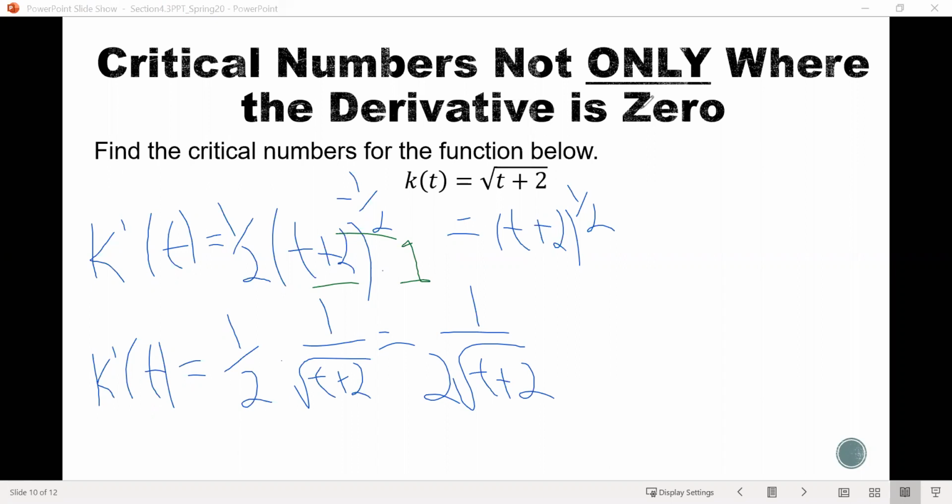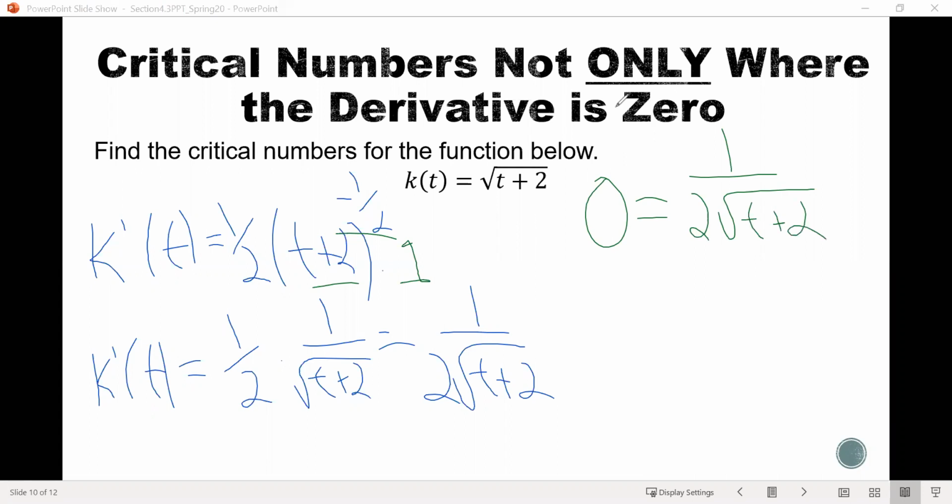First things first, we want to figure out what makes this derivative equal to 0. So we would set 0 equal to 1 over 2 times the square root of t plus 2. If you're not sure how to do this, one way to think about it is we have a fraction on the right-hand side that's equal to 0.